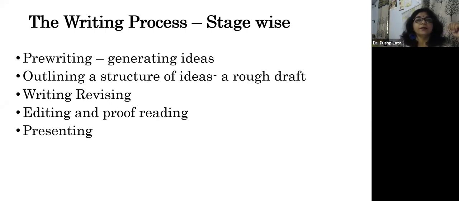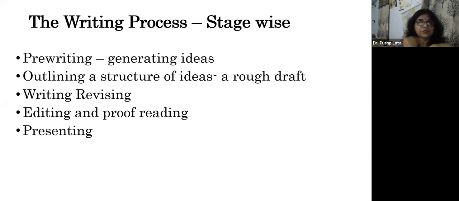Then the third stage is where you are writing and revising. There should be writing and revising. So you are writing your manuscript, you are developing your abstract, and then you are doing your literature review. You have collected your data, you are putting it there, and you are trying to see what should go in the introduction part, because you have the research questions in your mind.